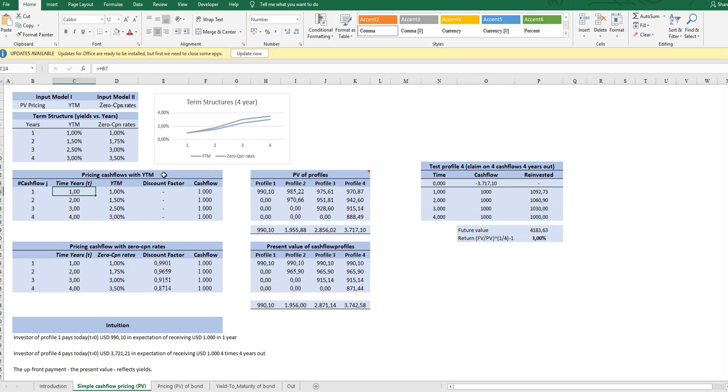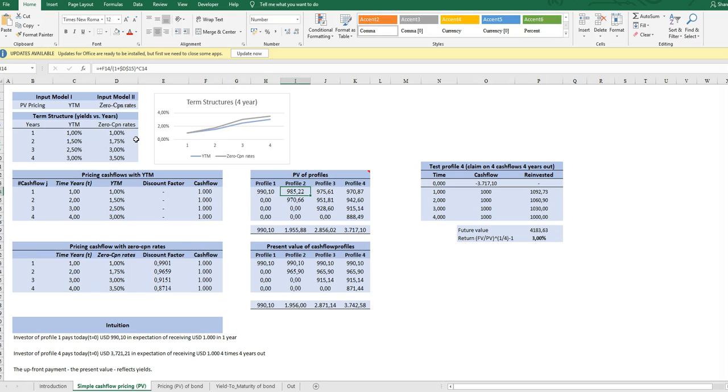I have the years, that is the X on the graph, and I have the yield to maturity, that's the Y on the graph. For each time period, 1, 2, 3, 4, there is a cash flow. It could be dollars, it could be euros, could be yen.